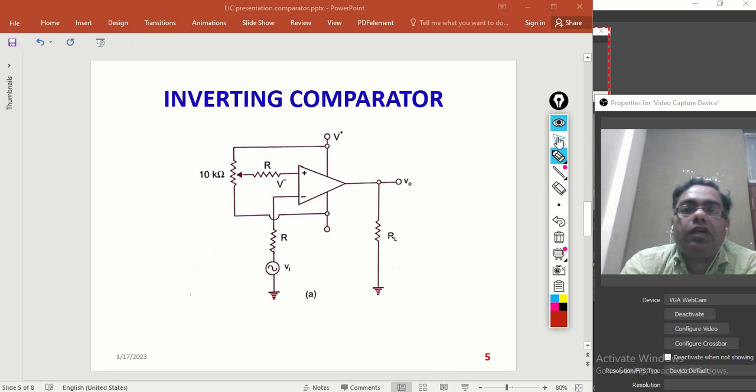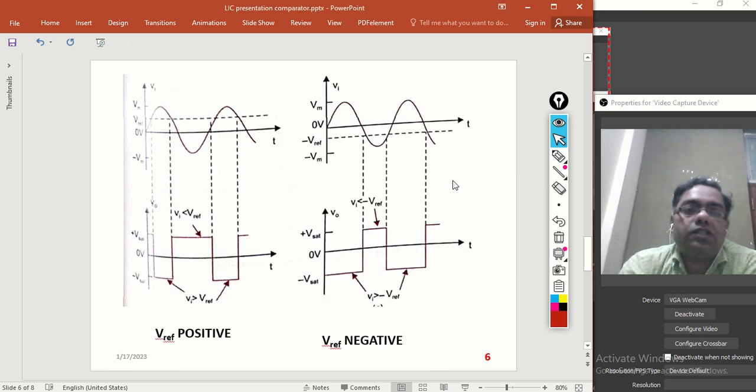The explanation is the same, only the roles are reversed, and we can explain it in the same way as before, and we get a square wave.